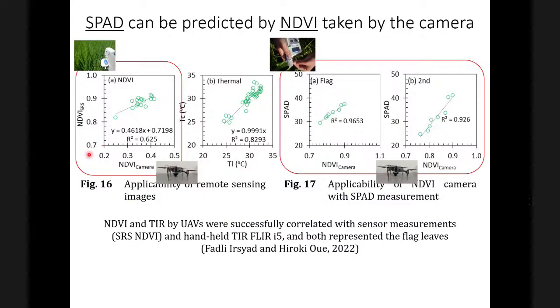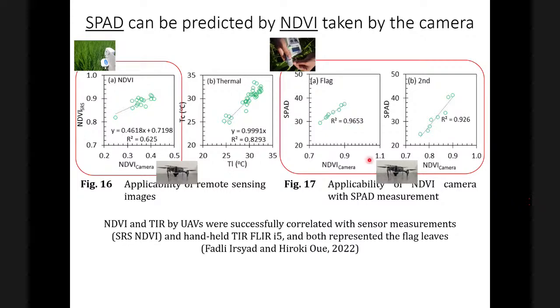Firstly, look at the left graph. This is the relationship between NDVI taken by the camera and by the sensors. No need to say, the sensor NDVI is trusted. So the camera's NDVI can be calibrated by this graph, and by using a camera image, we can predict a reliable NDVI by this relationship.